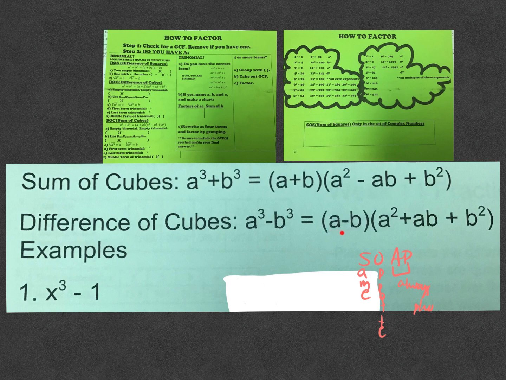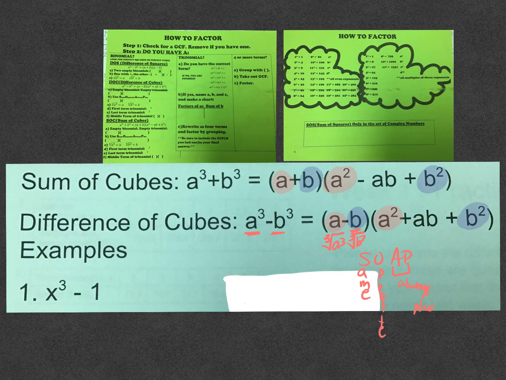To get the answer that goes here, you take the cube root of a cubed. To get the answer that goes here, you take this and do the cube root of it. Then, to get this answer, you square whatever this is.